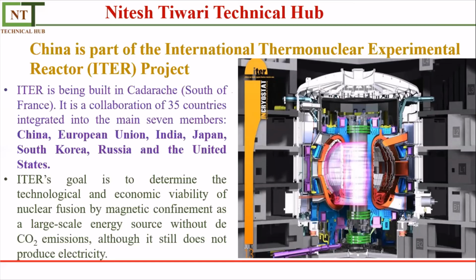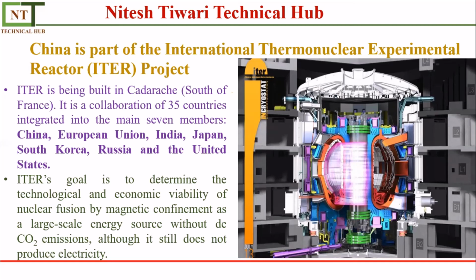It is a collaboration of 35 countries integrated into 7 main members: China, the European Union, India, Japan, South Korea, Russia, and the United States. ITER's goal is to determine the technological and economic viability of nuclear fusion by magnetic confinement as a large-scale energy source without CO2 emission, although it still does not produce electricity.